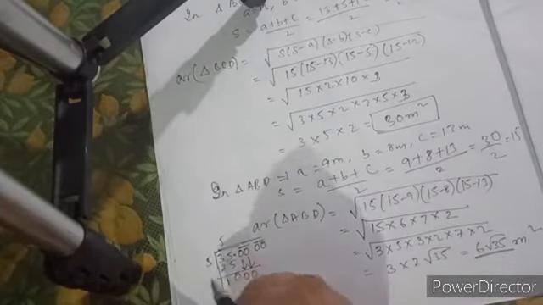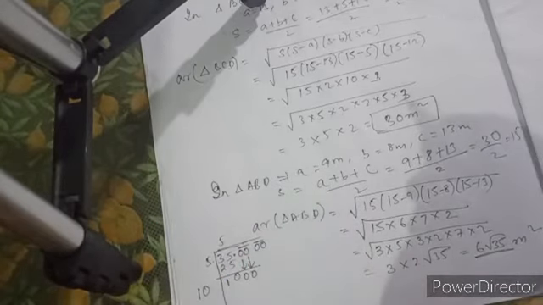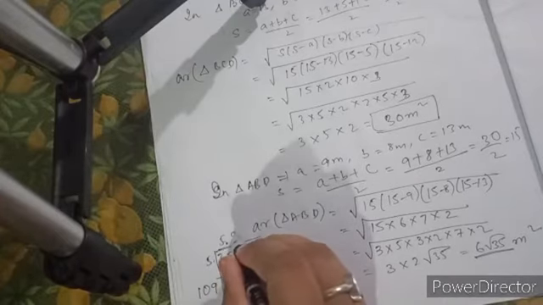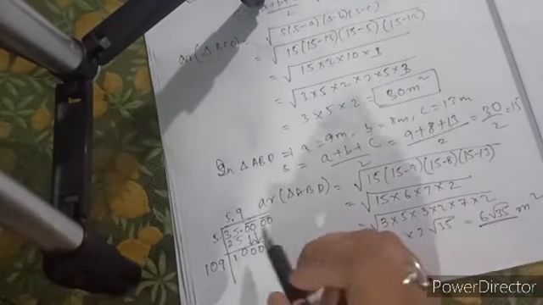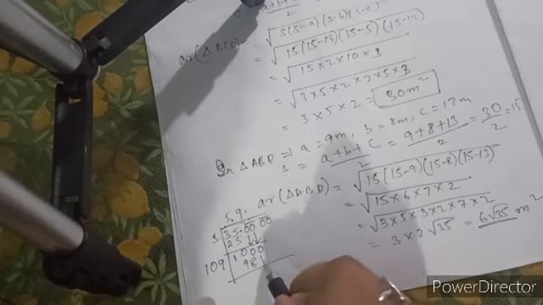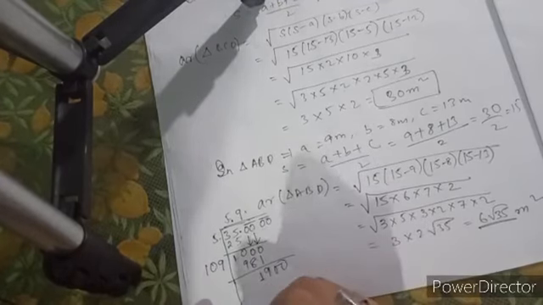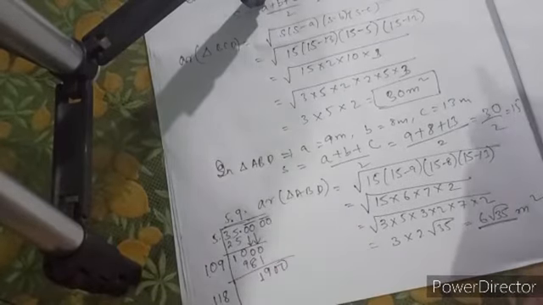And then you have to add 5 plus 5, that is 10. And the number you put, you have to multiply with that same number. So 9 into 9, 81. Again two zeros will come. Again you have to add, 109 plus 9 will be 118.